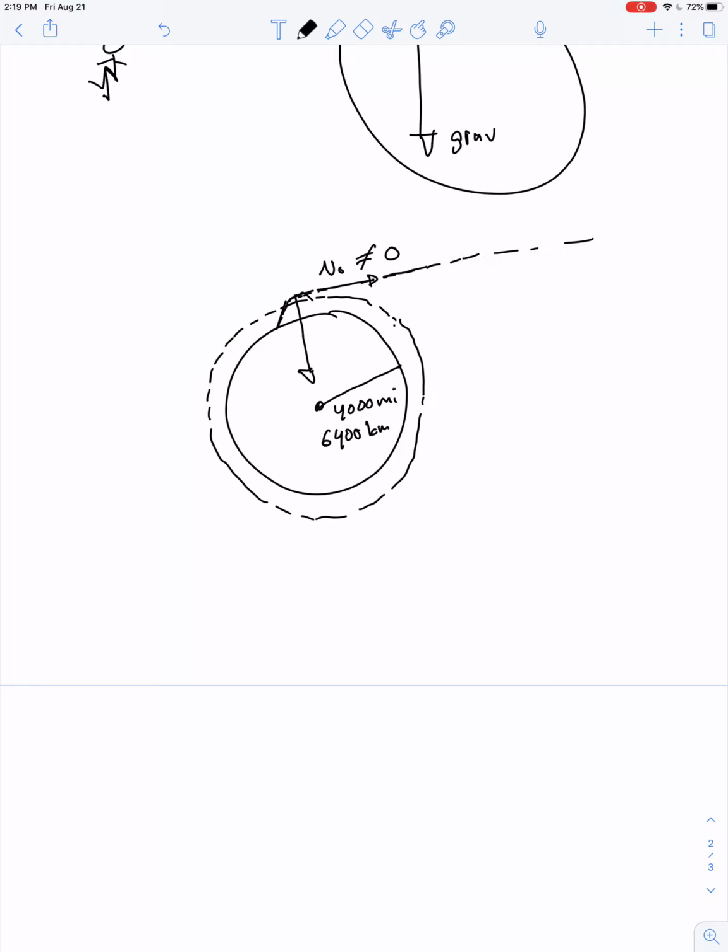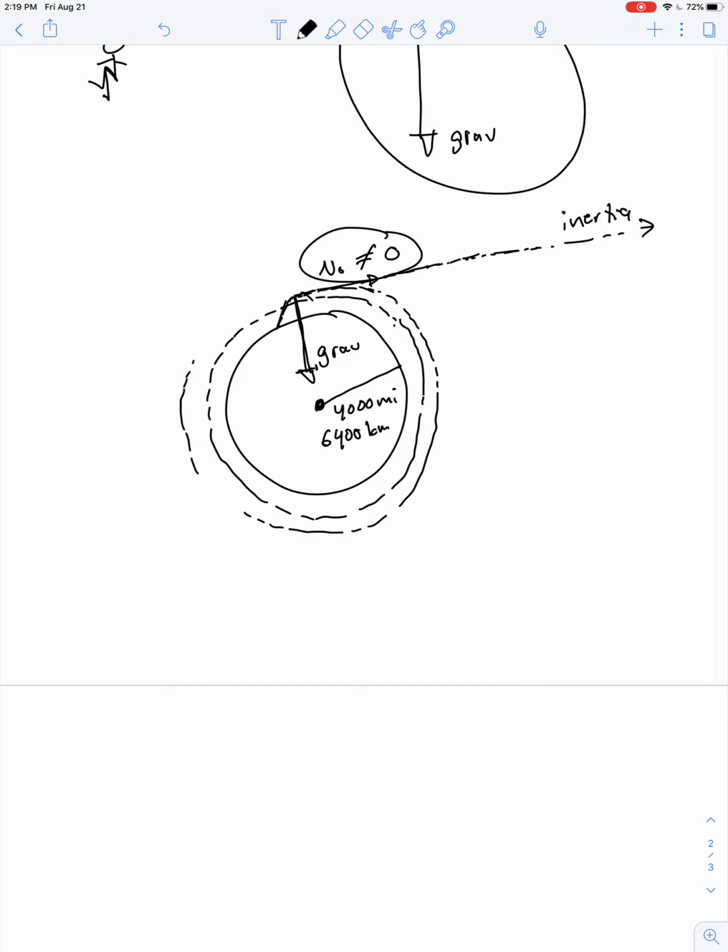So as it tries to follow, based on the law of inertia, this dashed line path, but at the same time the force of gravity is pulling downward toward the center of the Earth, it causes the object, if this speed is just right, to be in free fall around the Earth.